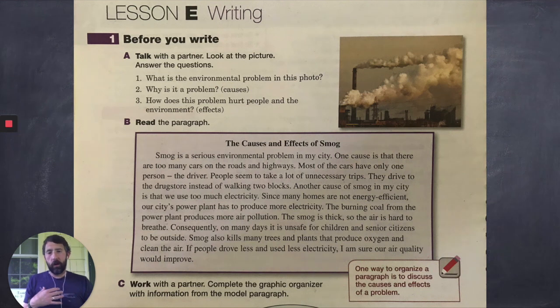Many years ago, I lived in Salt Lake City, and it's in a kind of a bowl. If you think of a bowl in your kitchen, the city is at the bottom.